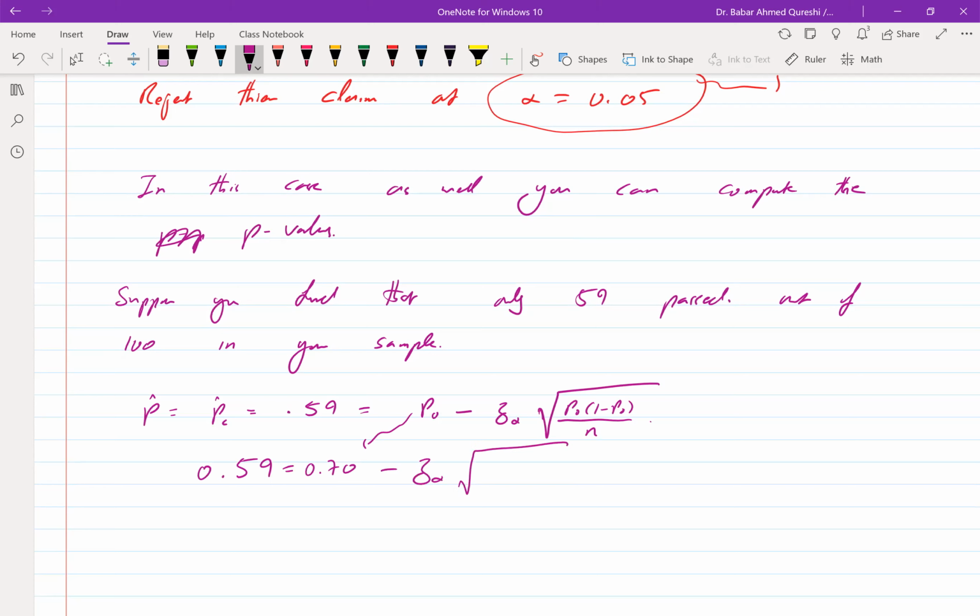And you put in the numbers here. Compute this. This will give you a number. And then you find the probability for Z being greater than this number. That would be equal to your p-value.